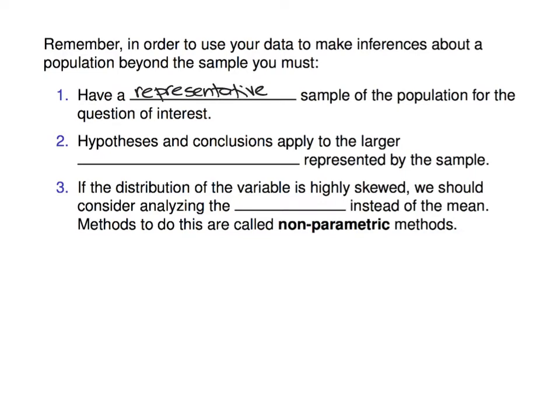An example of that not happening is if you do a sample of only men, you can't generalize to women. That's just not going to work, at least usually. So hypotheses and conclusions are only going to apply to the larger population, which is represented by your sample.